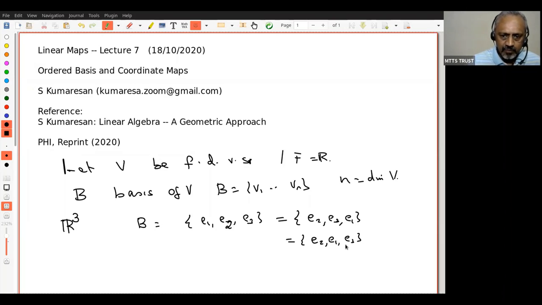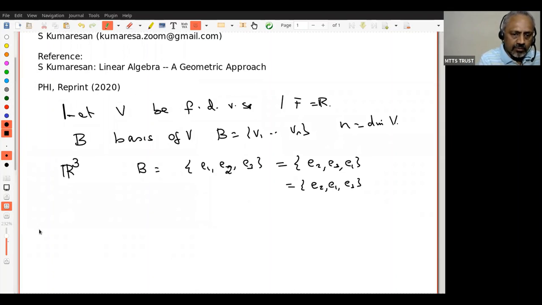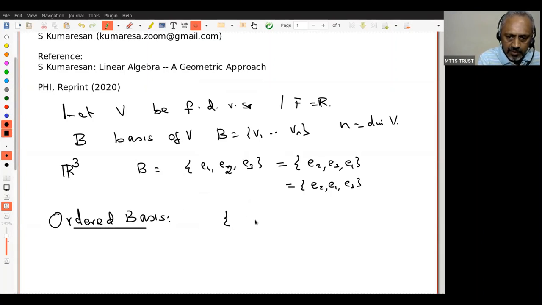Do you understand? So we want to make use of the word ordered basis. What do I mean by an ordered basis of V? If B is a basis, and suppose the dimension is n, I set up a one-to-one correspondence with 1 to n.